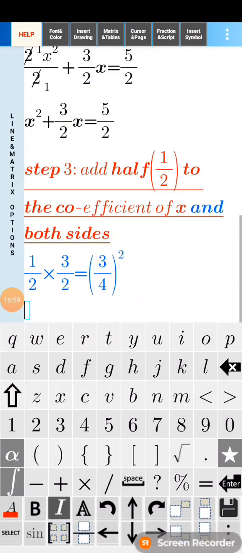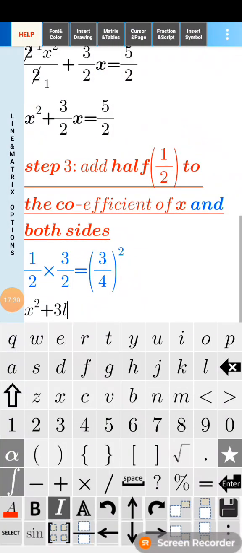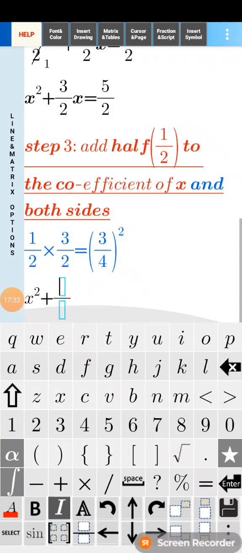Now watch how I'll do this. I have my x square plus 3 over 2 x, now plus the addition sign.